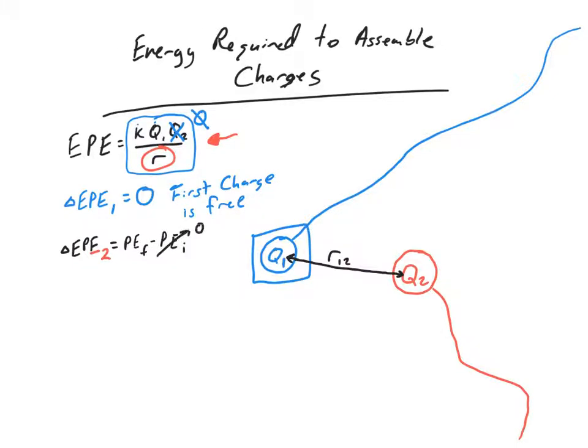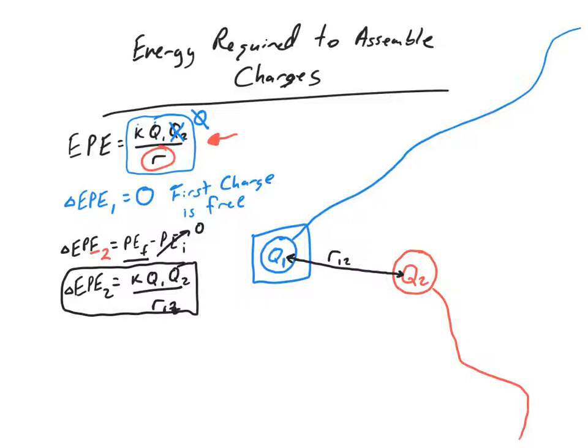The initial was 0, just wanted to get that explicit. Equals, now we can just focus on the final, K Q1 Q2 over R1,2. That's the energy to bring the second one in.